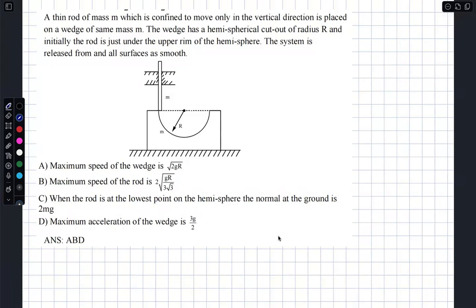Now the system is released from rest, and all the contact surfaces are smooth. Please try to understand, this is a multi-conceptual question. Actually, it is favored when linear momentum conservation is known to you. Not necessarily that they might give you a question this time, but I want to discuss the question right now here only.